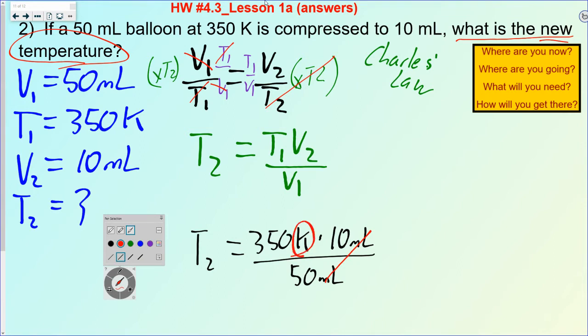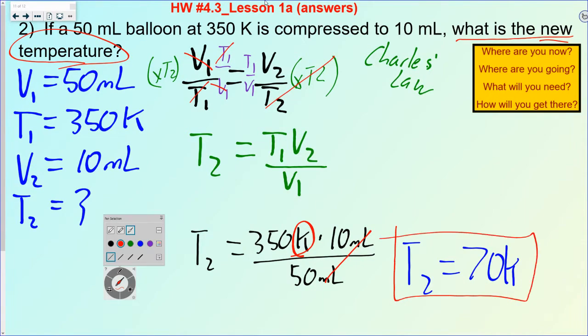The volumes will cancel out, and we'll be left with a temperature in Kelvin, which is our unit that we're looking for. As we solve this in our calculator, we'll get to an answer where T2 is equal to 70 Kelvin.